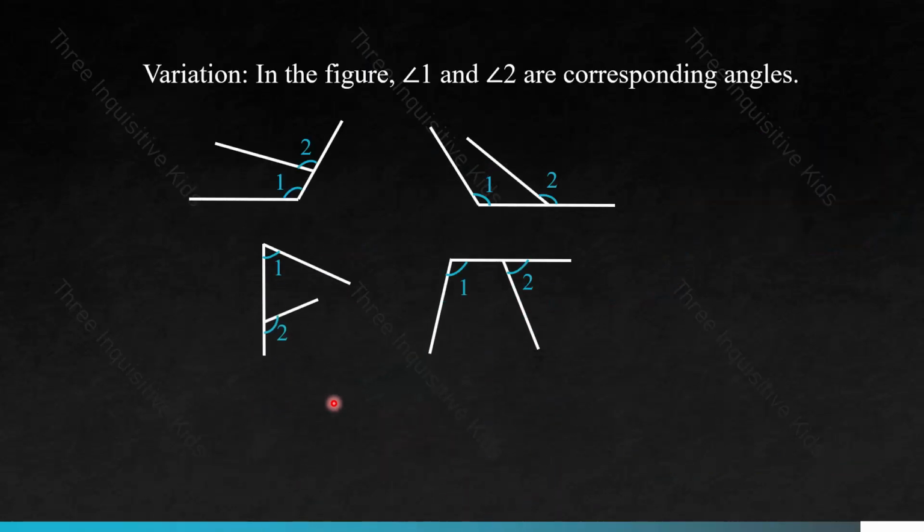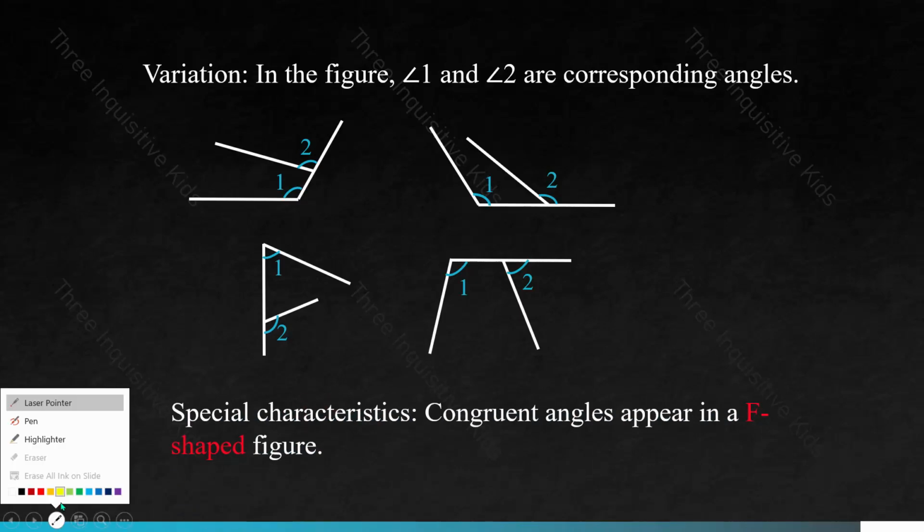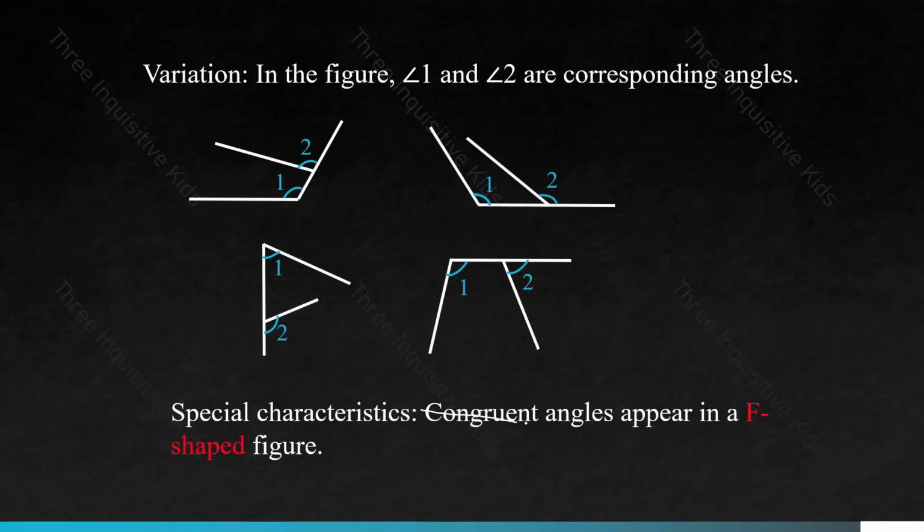Now here's a variation. In the figures, angles 1 and 2 are corresponding angles. And their special characteristic is that corresponding angles appear in an F-shaped figure.